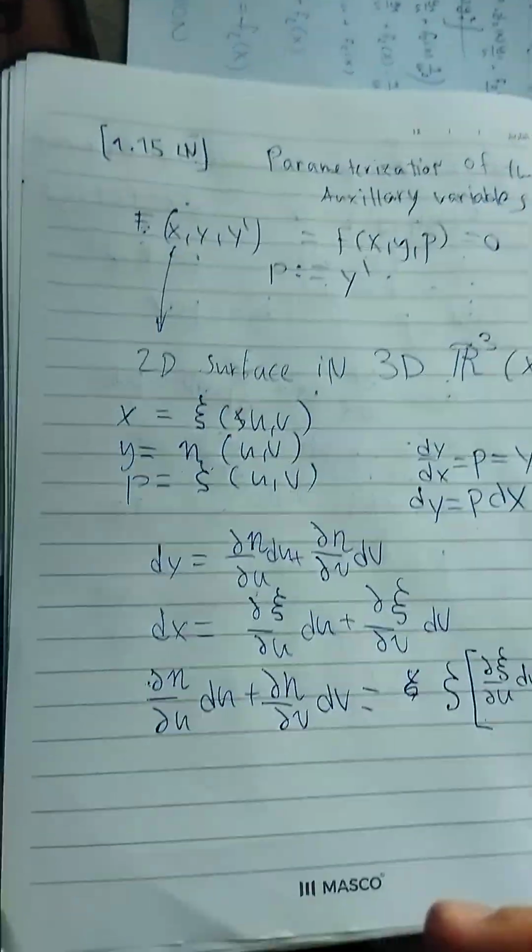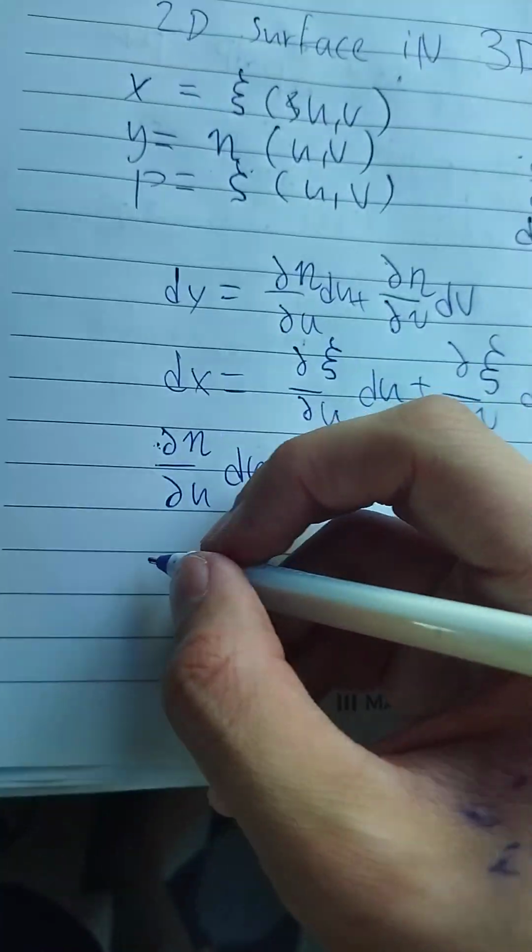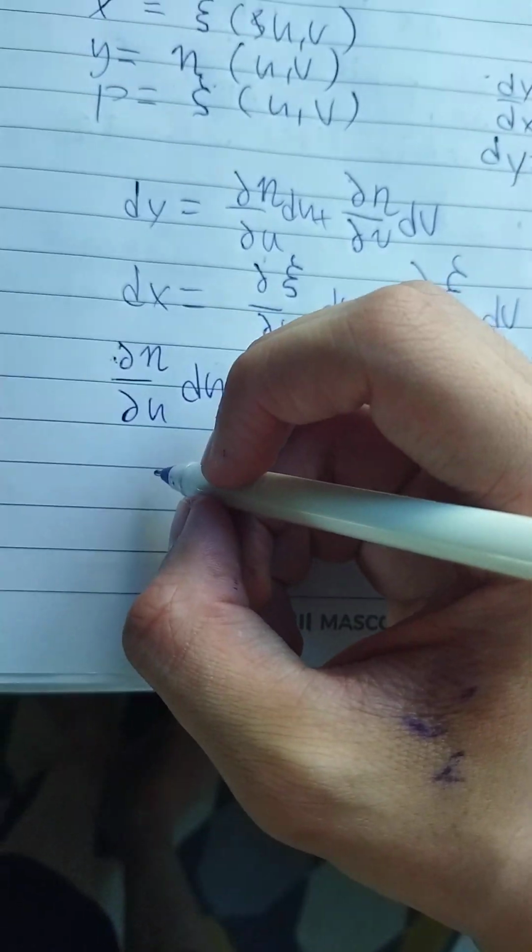So what happens now is that we can essentially create a symmetric form.